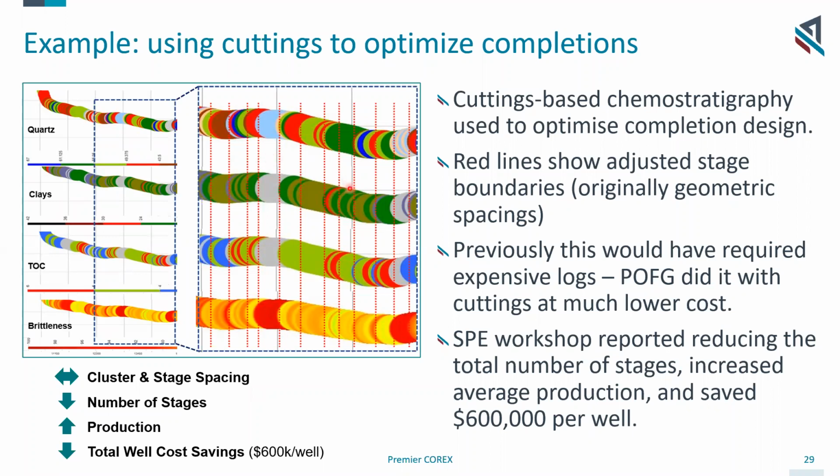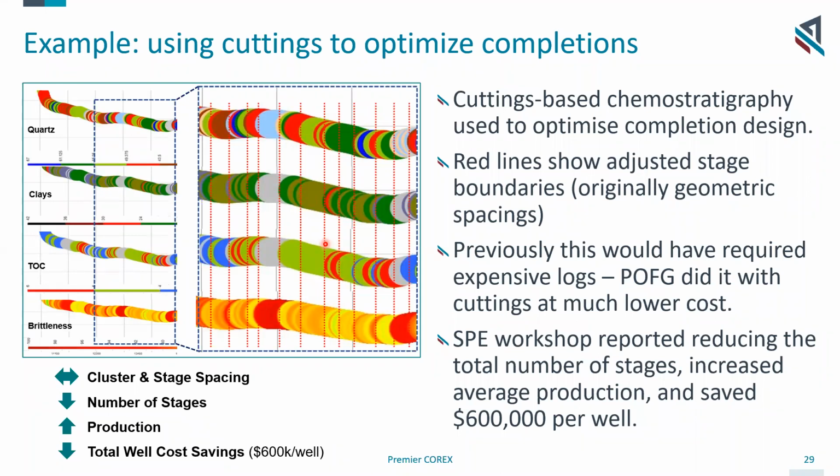this data was used to adjust the stage boundaries for the completions, rather than using the generally utilized geometric spacing model. That adjustment, which was carried out without having to use an expensive logging suite, was done by our colleagues in Premier Oilfield Group in Houston.